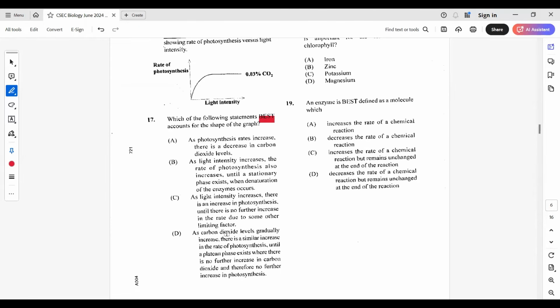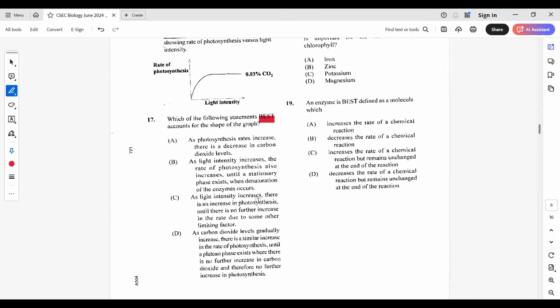And you should read all of them carefully. Well, A is out. B: as light intensity increases, the rate of photosynthesis also increases until a plateau phase exists when denaturation of the enzyme occurs. No, where do you get that from? So B is out.